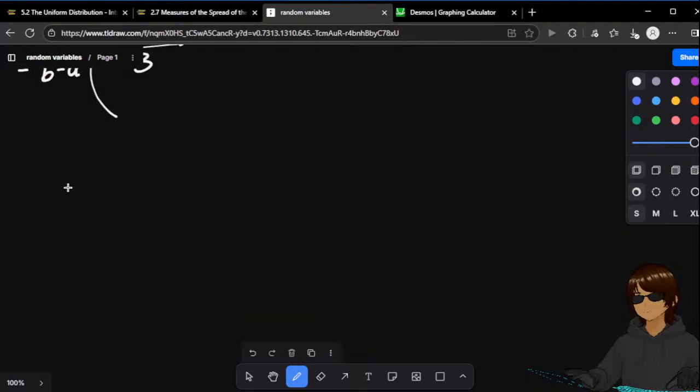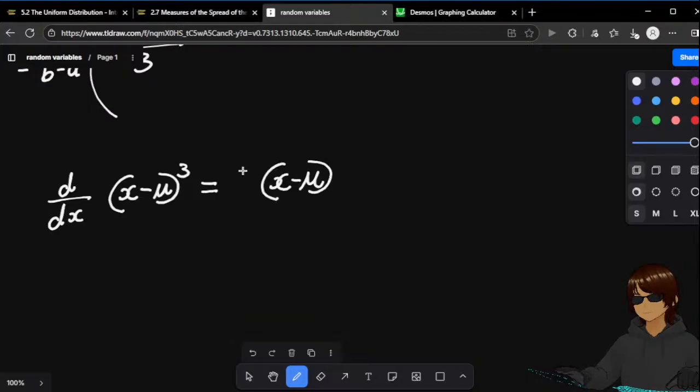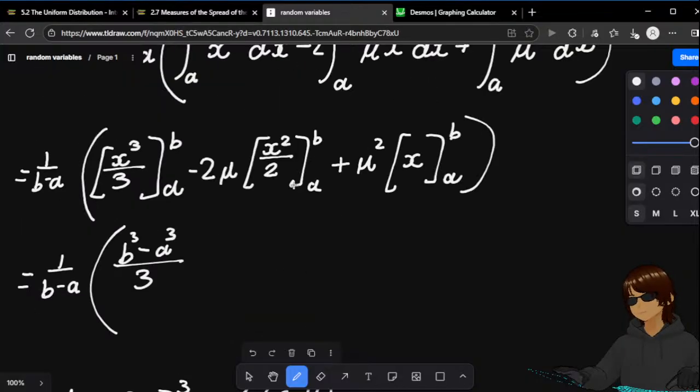Hold on, hold on. Derivative would be equal to the derivative of the outside times the derivative of the inside. I'm left with 3x squared.